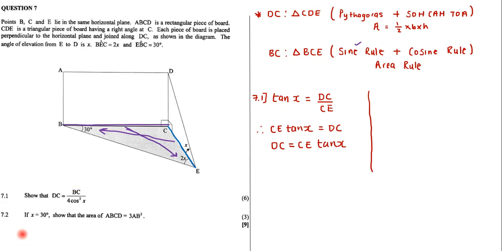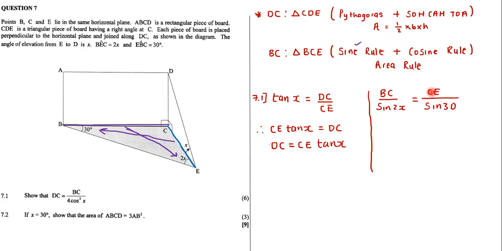Remember, we want to look for BC, with CE being a common thing. So we can say BC over sine 2x is equal to CE over sine 30. As you can see here, we have found BC and we have also found DC.